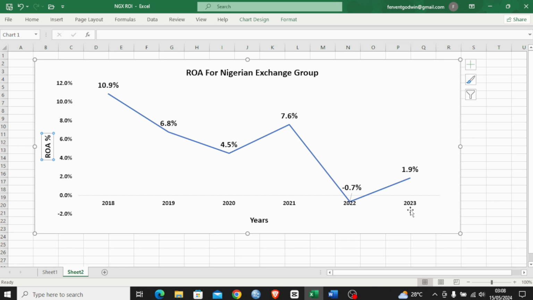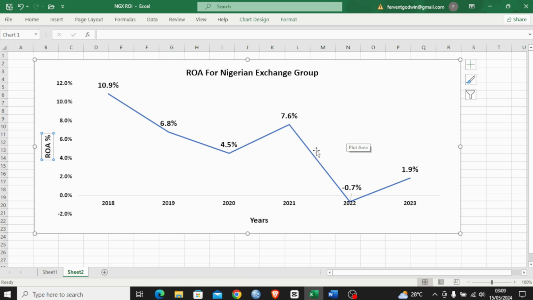Nigerian Exchange Group is not a high asset firm, it's a light asset firm. A light asset firm means that they do not spend so much money on buying machineries and all those things. For example, an airline can be considered a high asset firm because they buy big machineries, but software companies and consulting firms are considered light asset firms.